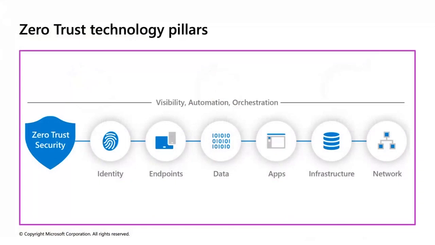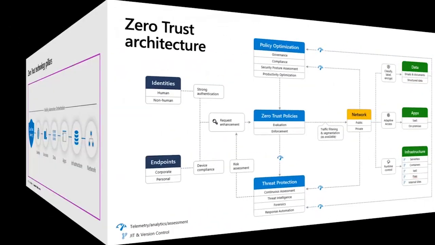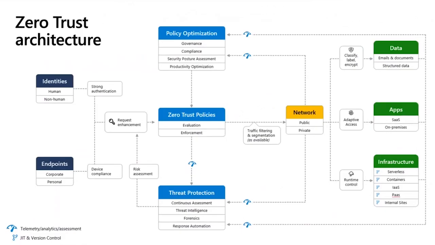Different solutions, services, and components are designed to provide you security around all of them. To understand this, you can see here in the zero trust architecture, we have identity, endpoint, data, applications, infrastructure, and network.